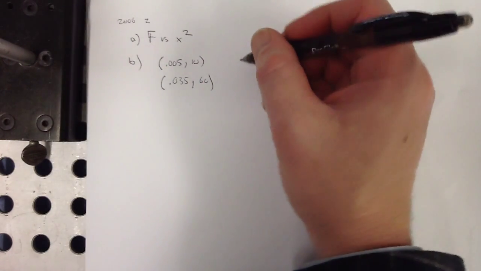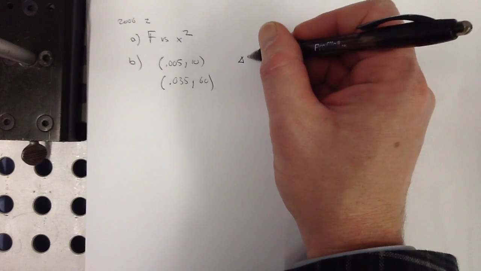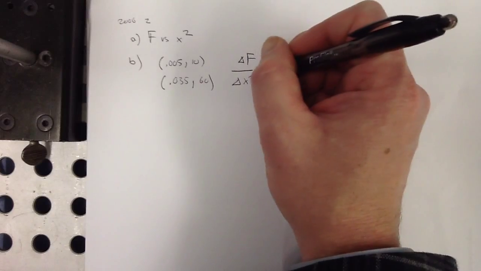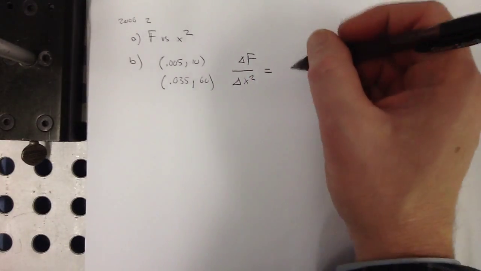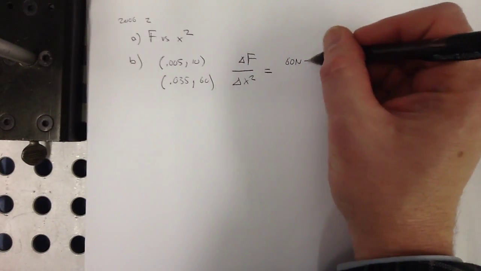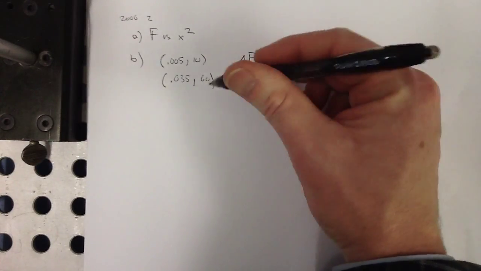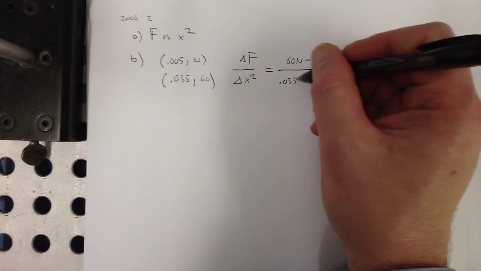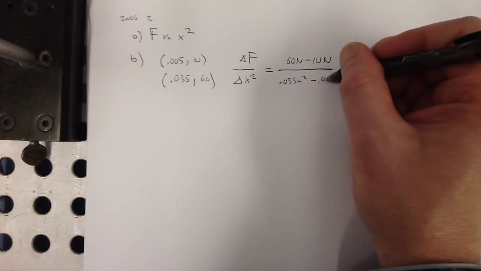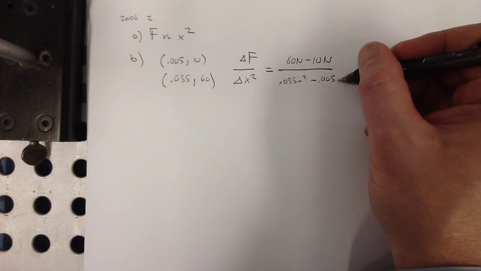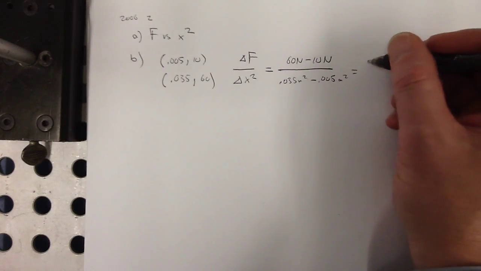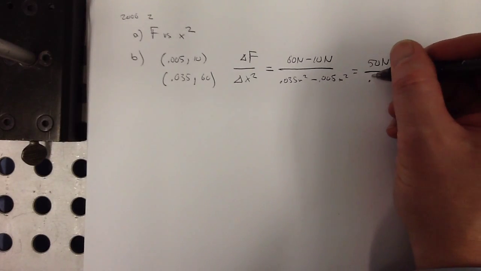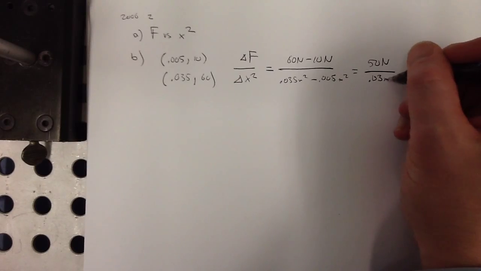So I'm going to find the slope, which is delta F over delta x squared. That's force would be 60 newtons minus 10 newtons, over x squared would be 0.035 meters squared minus 0.005 meters squared. That's 50 newtons over 0.03 meters squared.